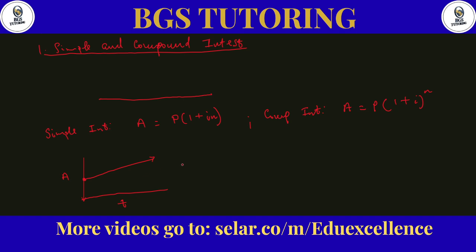So it increases like that. And to remind you, you earn an amount that is the same on each and every year. That is basically based on the original amount, the starting principal.